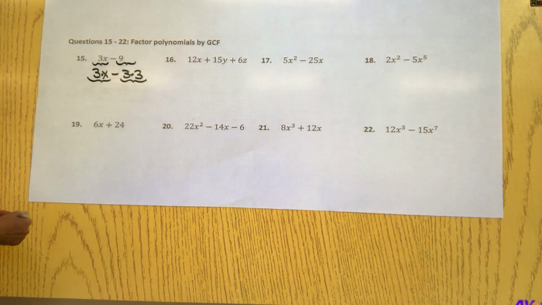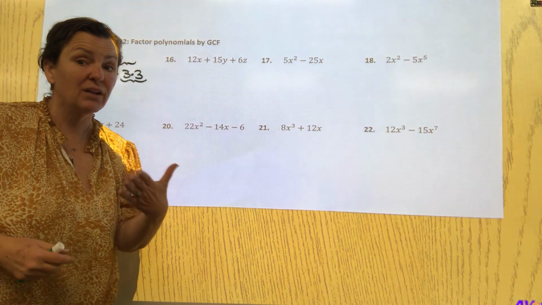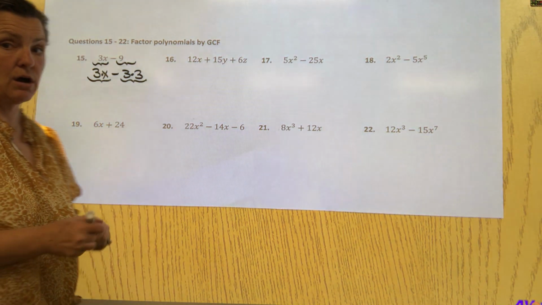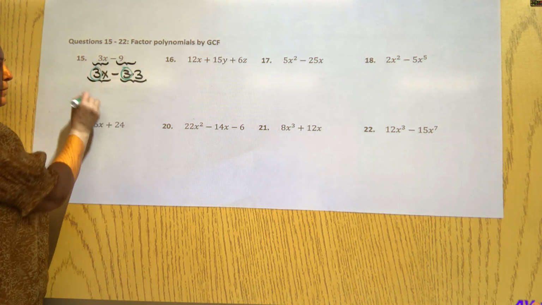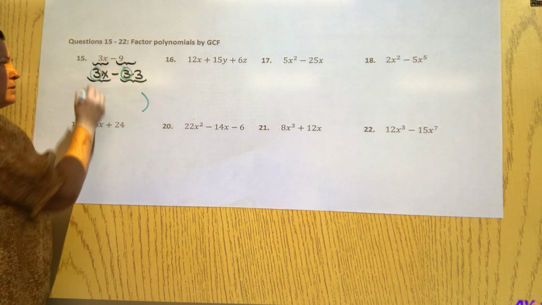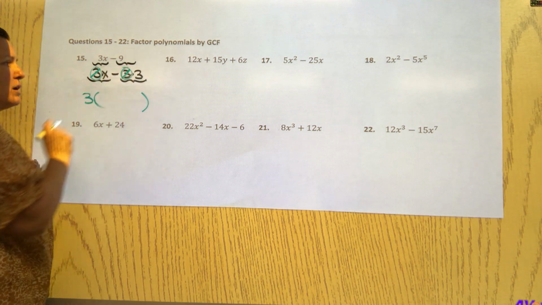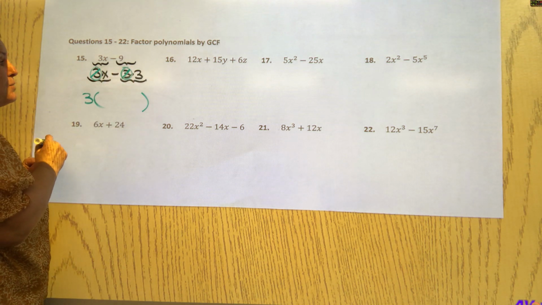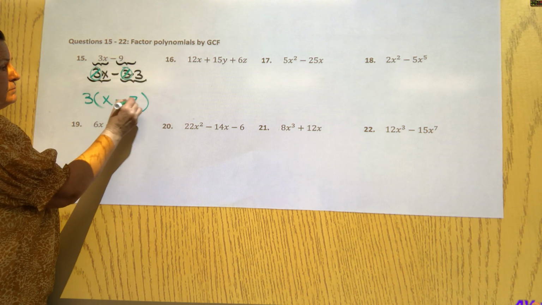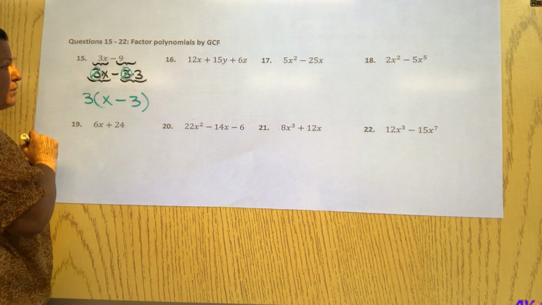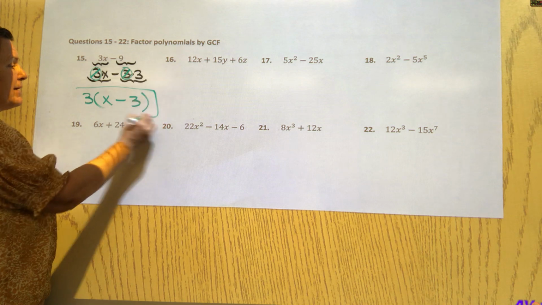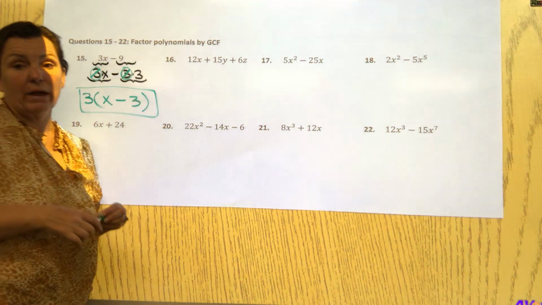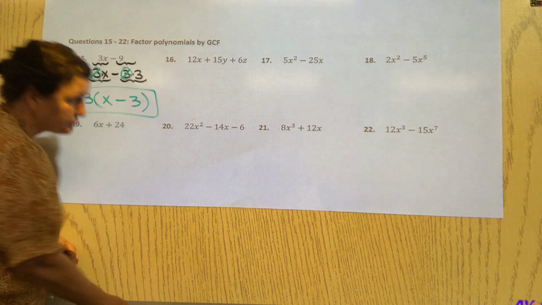My job is to find out what they have in common, not specifically what they have, the greatest thing they have in common. I see they both have a 3 in common. I'm going to take the 3 out, put it out front. Your chunk is missing a 3, and then I'm going to see what's left over. In this chunk, I have an x left over after I took that 3 out. And this chunk, I have a 3. Same answer I got before, just another way of looking at it, okay?